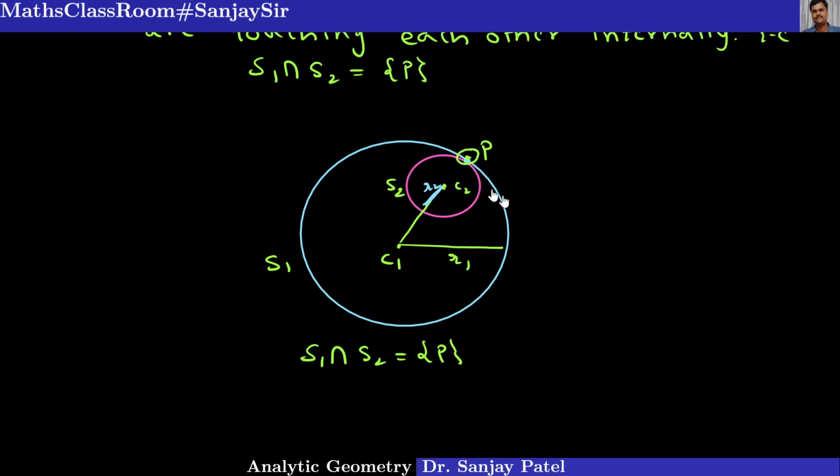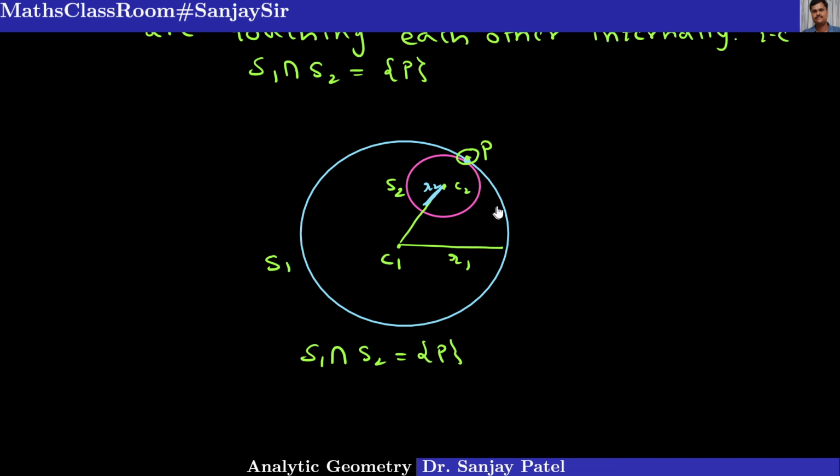Okay, and there is a common point of intersection. We can draw a tangent plane at this point. You can draw a plane which is touching both the spheres, and we can write down the equation of that tangent plane just by taking the difference of the two equations, that is S1 minus S2 equal to 0, which I will be discussing later on when we solve the problems.